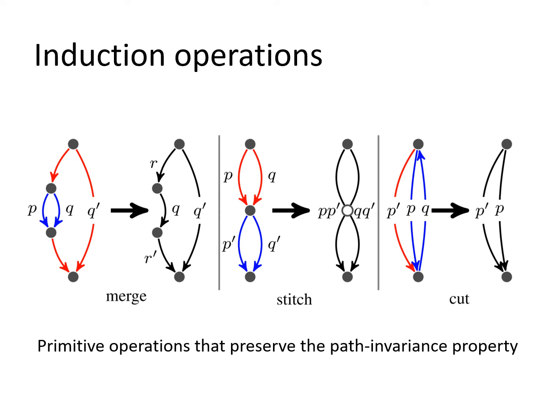Those are the three primitive operations that preserve the path-invariance property. That is the induction operation, meaning that you can combine a subset of those operations in some order to go from a collection of path pairs to a path pair. That is our assumption.